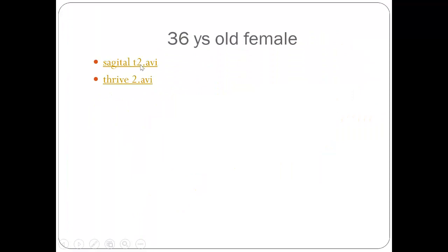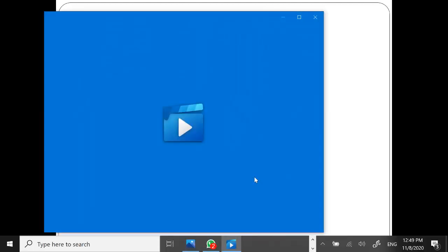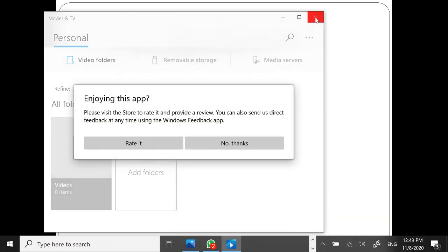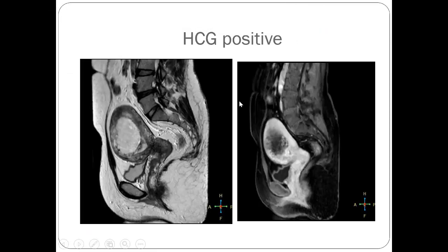36 years old female. This female has also a thickened endometrium, or there is an endometrial mass rather rounded in shape, and it is bright on T2 and low in T1, and there is also infiltration of the junctional zone.